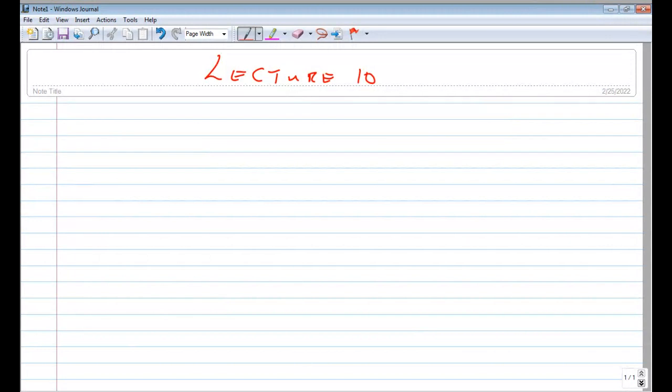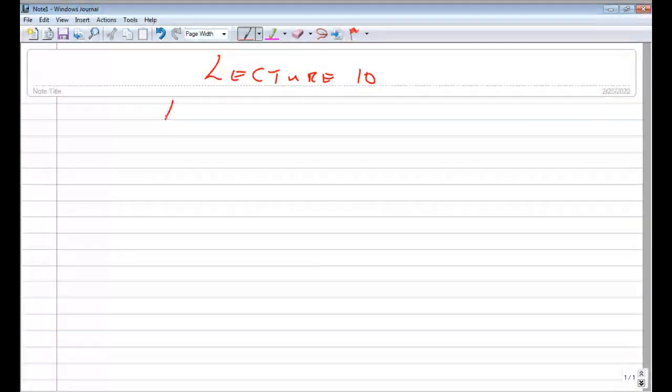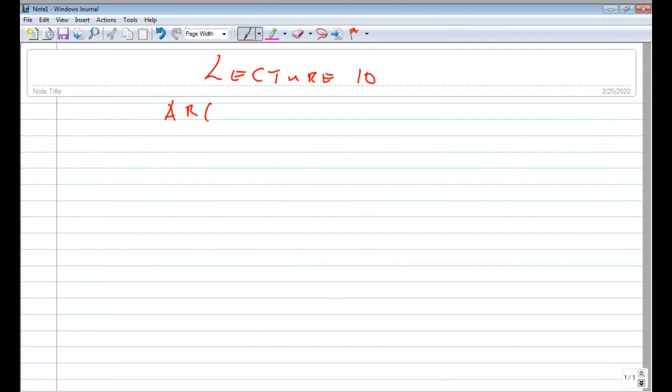And you are going to speak about autoregressive of order 2, AR2. So, how do you define autoregressive of order 2?